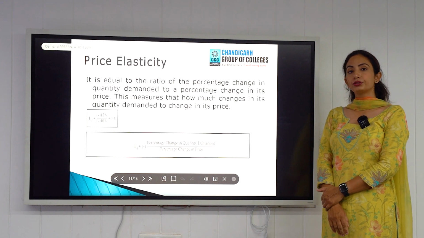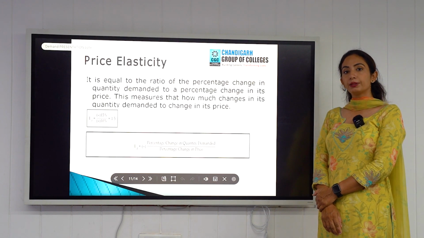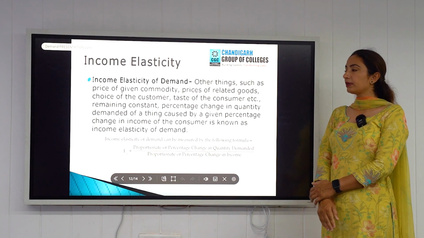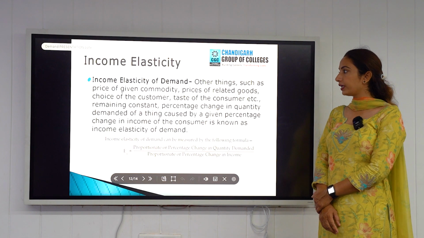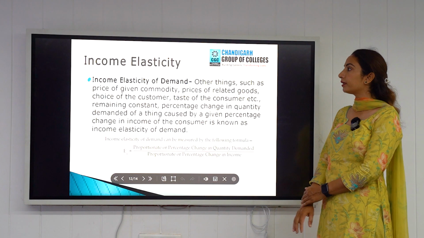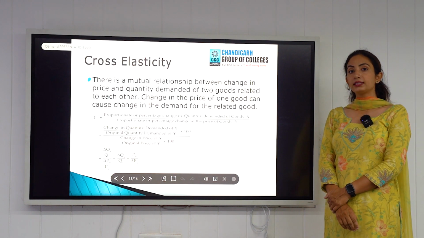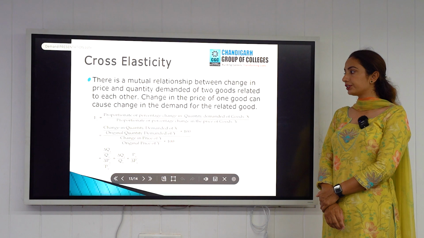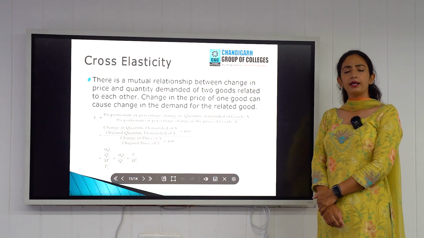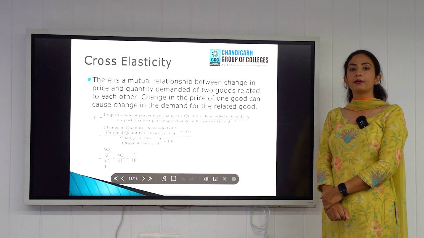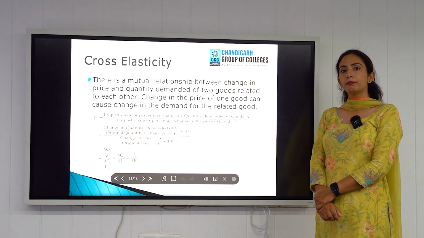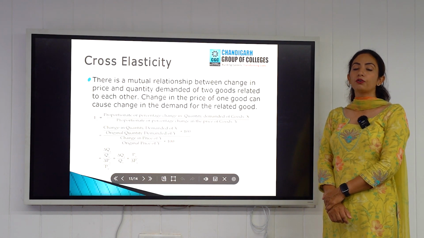Price elasticity shows the responsiveness of the quantity demanded to the price of the commodity, and income elasticity shows the responsiveness of the quantity demanded due to variation in the income of the consumer. Cross elasticity states a relationship between the quantity demanded of a particular product, for example A, due to change in the price of another commodity which is related to the main commodity, either by being a substitute to it or being complementary to it.